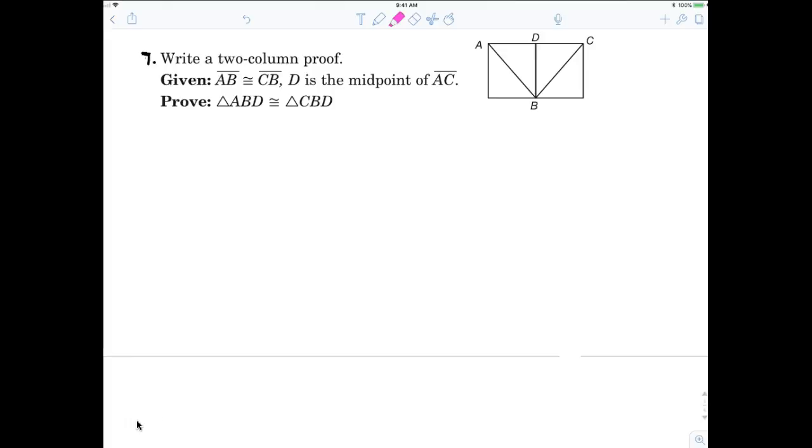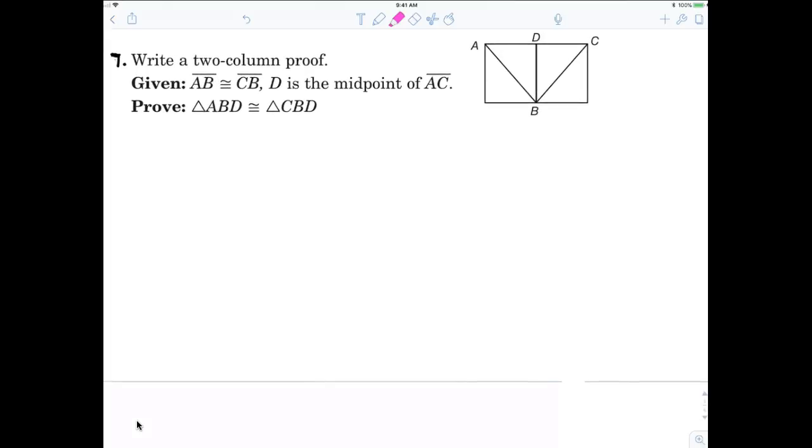Right off the bat, it says AB is congruent to CB. So I find AB and I mark CB congruent. Now, if somebody tells me D is the midpoint of AC, then I know AD is congruent to DC by definition of midpoint.